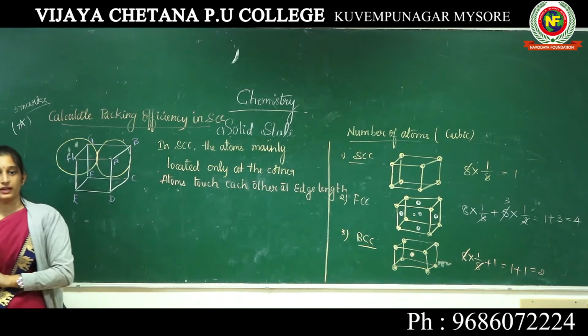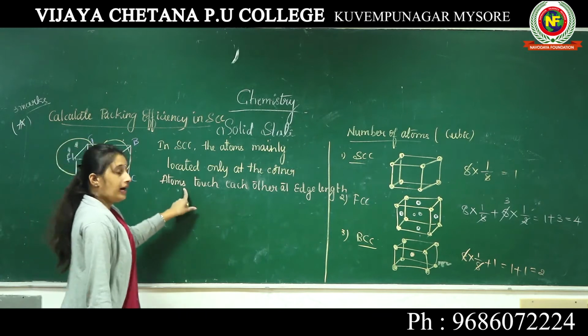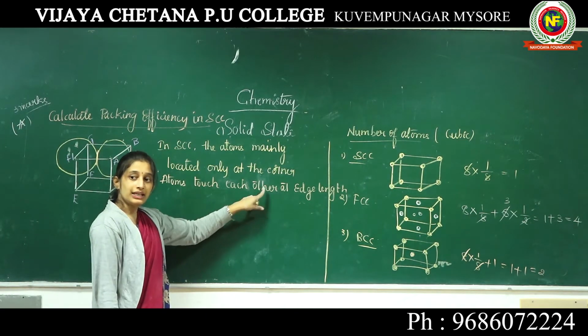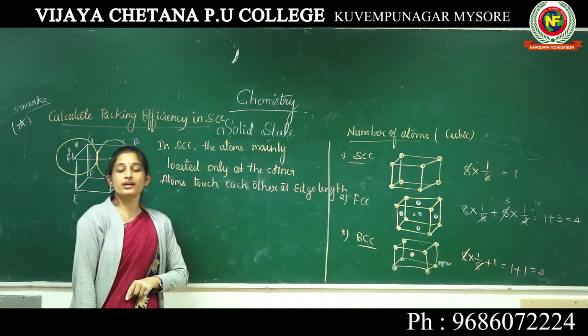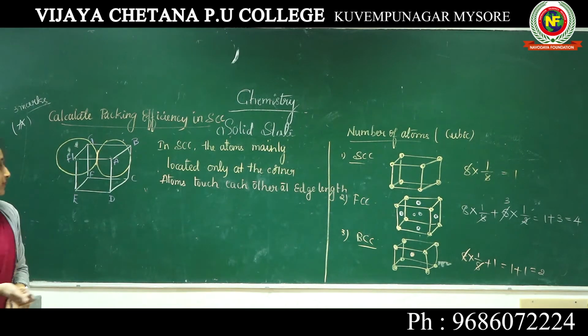Try to understand properly. In SCC, atoms mainly located at the corners only. And along with that, all the atoms touch together at the edge length. At their particular edges, the atoms are touched.